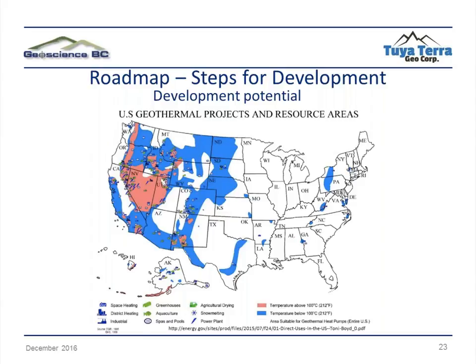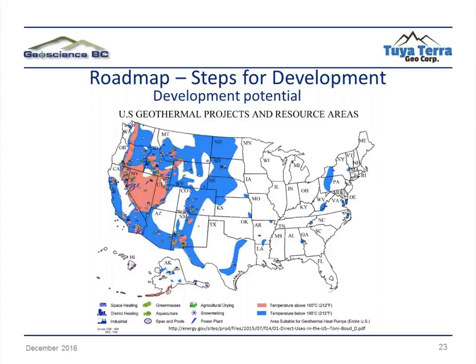So we were taking a look at BC and what the geothermal development potential is in BC, and this map really shows you how that relates geographically and geologically to the western side of the United States. The United States is definitely one of the global leaders of direct use applications.